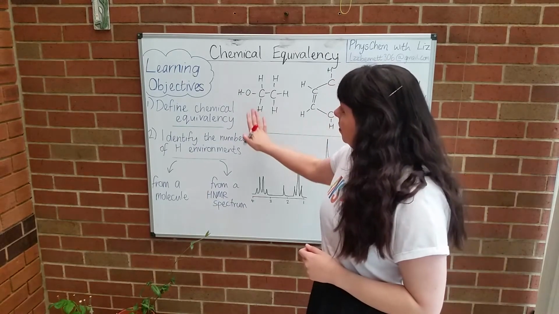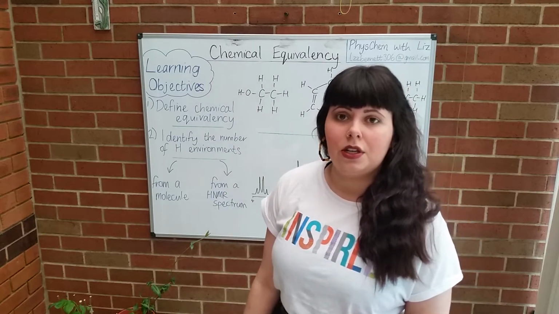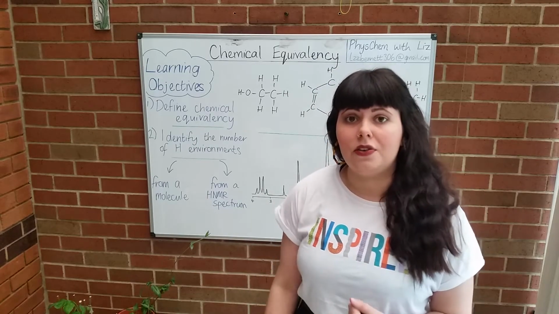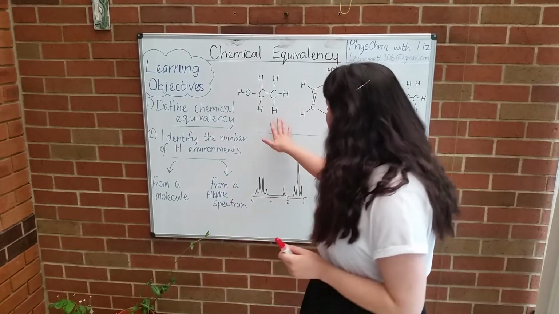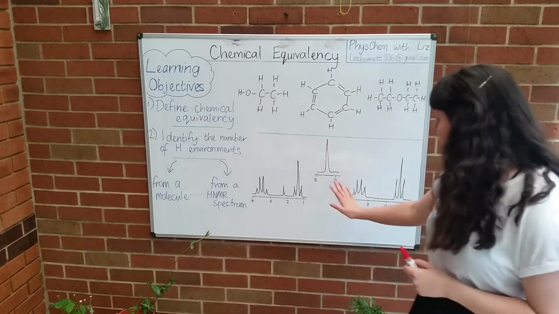So first of all, we can have something called chemically equivalent protons in molecules, and what that means is that these protons are in the same environment as each other. So what I've drawn here are three different molecules and three different spectra.